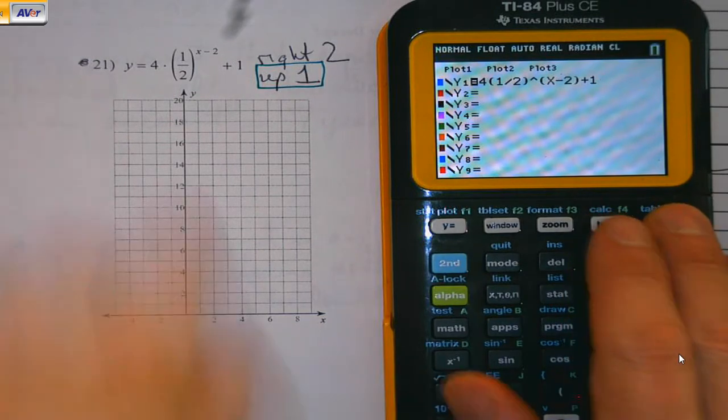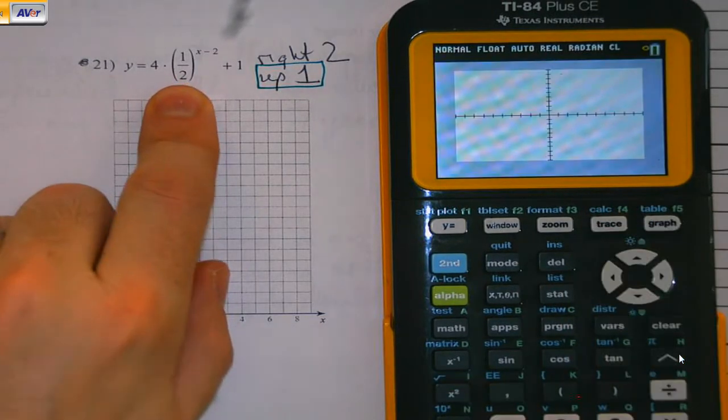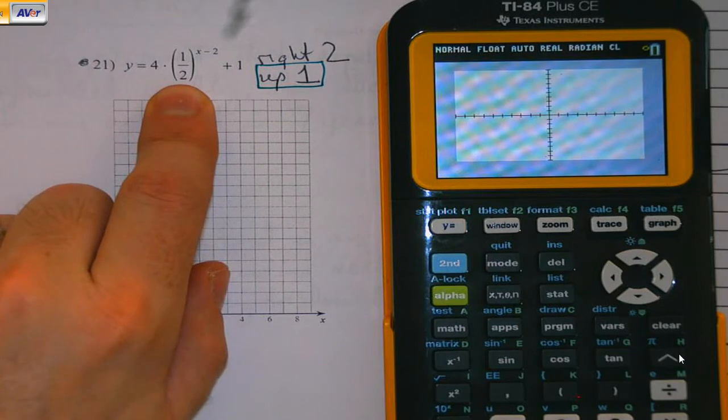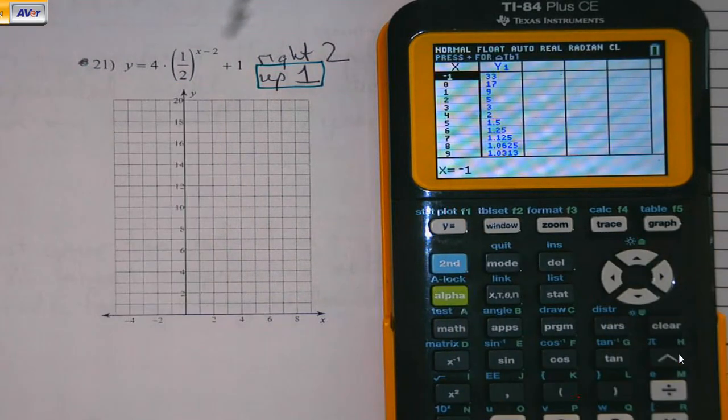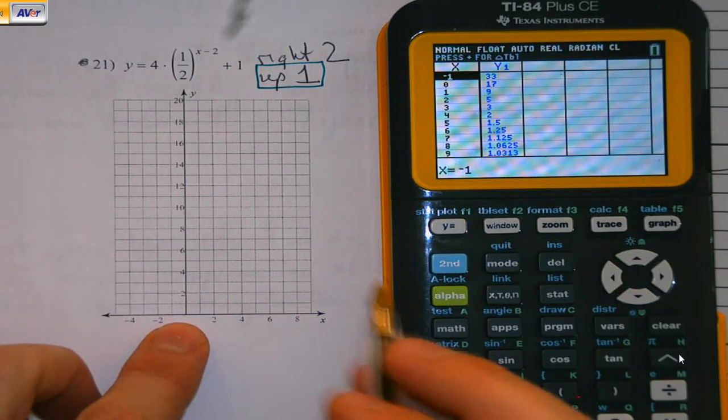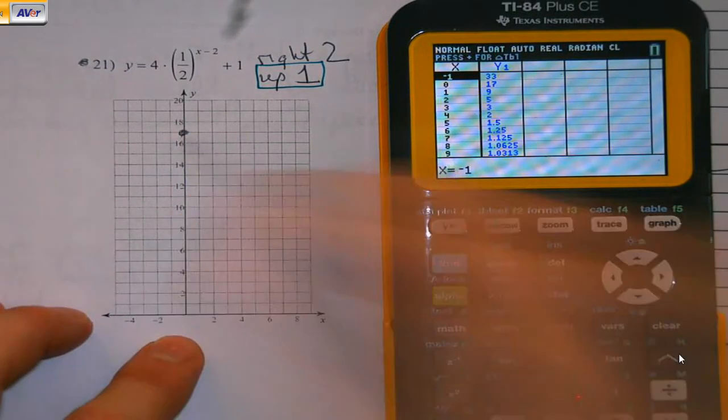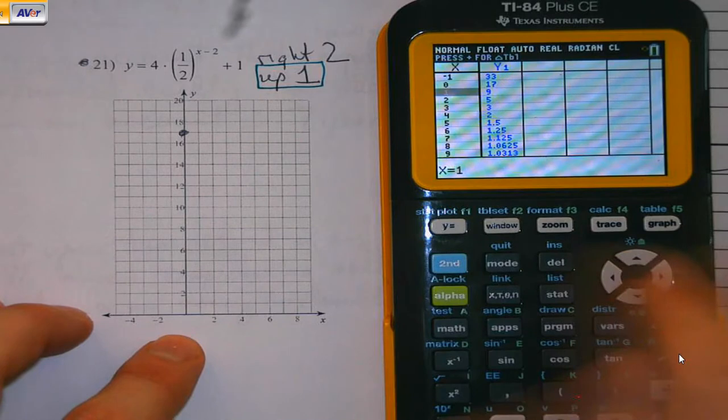So again, I notice, should be decay. Let's see. There it goes. Okay. So I see my decay. I pull my chart. Start grabbing some numbers here. So 0, 17, 1, 9.